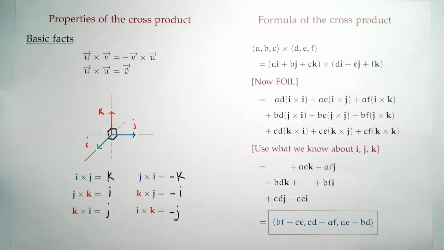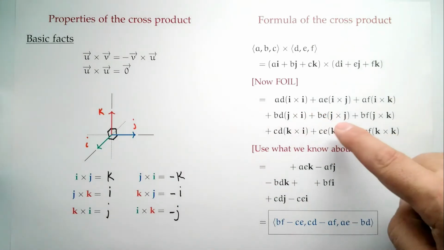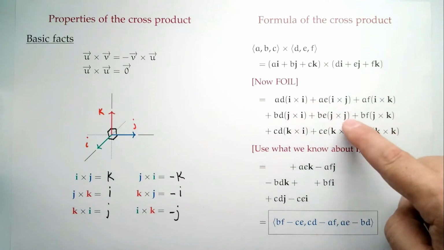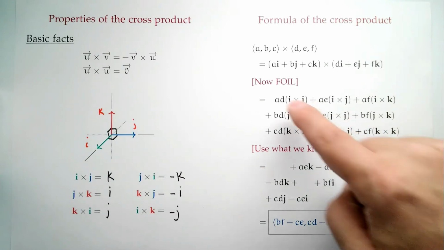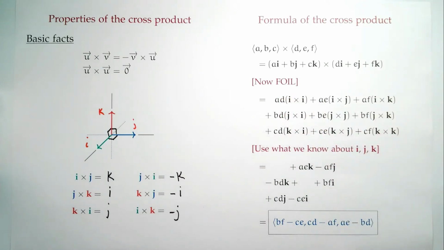What happens? Well, anything that's a vector cross itself, so these I cross I's, J cross J's, and K cross K's, they all go away. These other terms, things like I cross J, well, that becomes K. I cross K, well, that's negative J. And so we can replace every one of these 9 terms with just either 0 or a new direction.